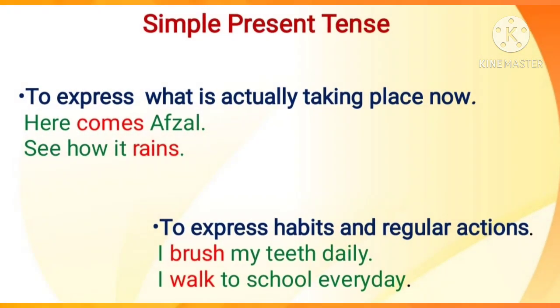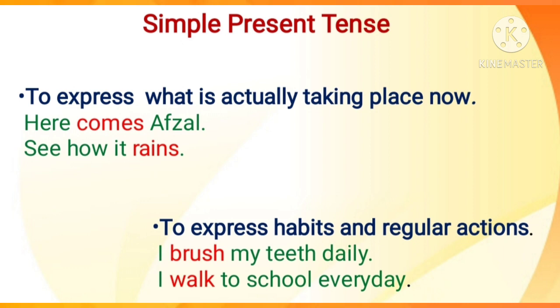Now we will study about simple present tense, present continuous tense, present perfect tense and present perfect continuous tense in detail. First we will study about simple present tense. Let us look at the usage of simple present tense. Simple present tense is used to express what is actually taking place now.